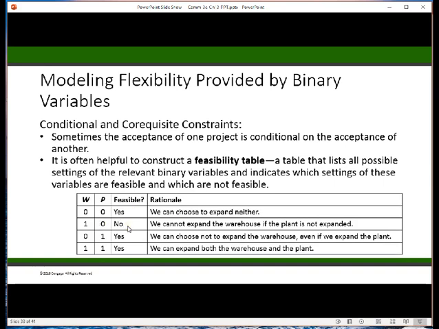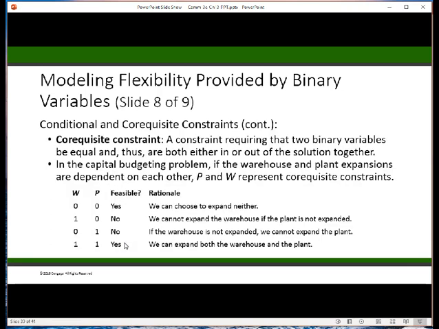So we put a no in there. We can't expand the warehouse if the plant is not. On the other hand, we can expand the plant, but not the warehouse. But we can also expand both. So we make a feasibility table for us to see the possible combinations we're interested in.